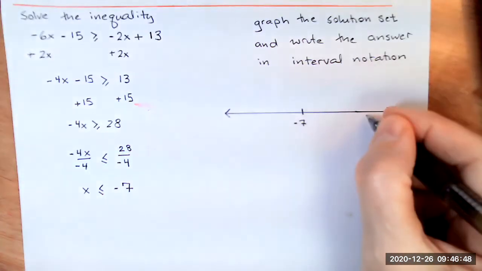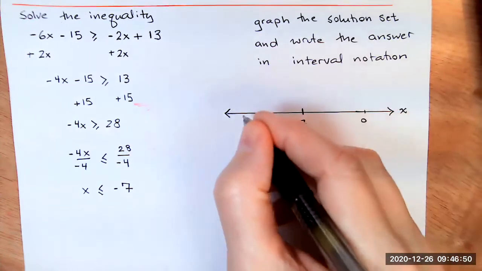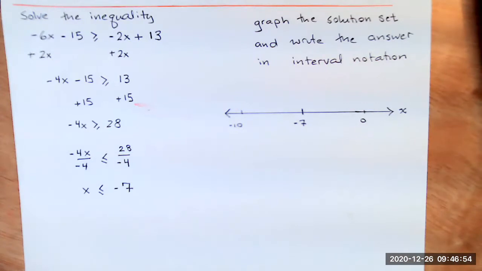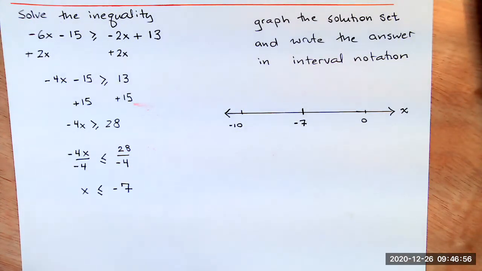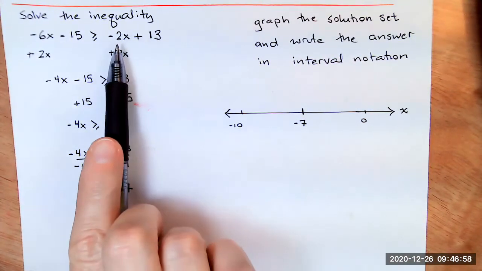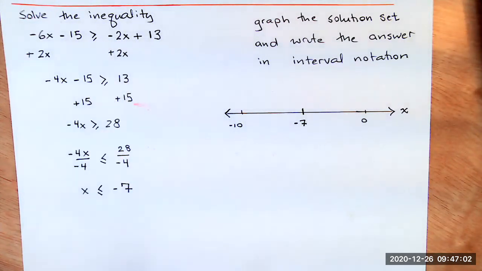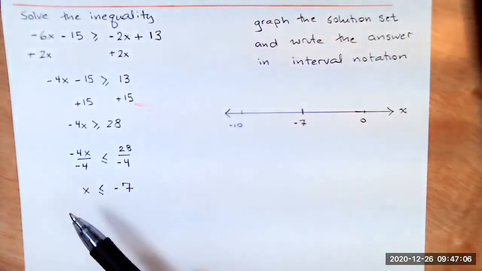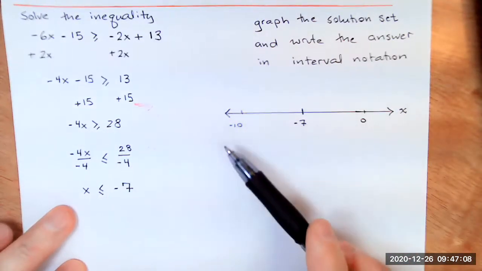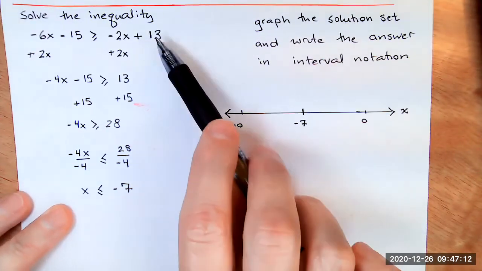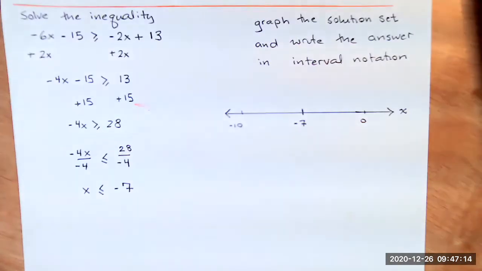So I can plug in a number from either side. Now it's important to test it with the original equation because it's easy to make a mistake when you're solving it. So if you made a mistake here and then test, you might get the wrong answer. So let's check it with the original equation.